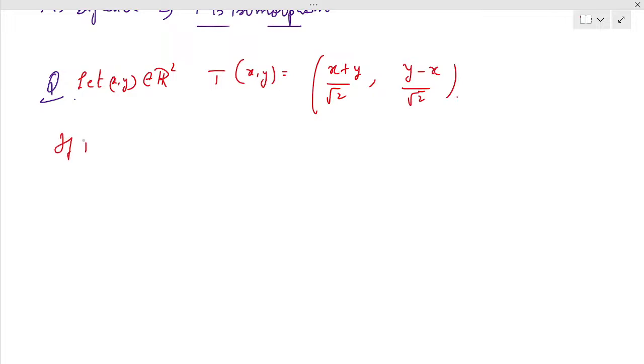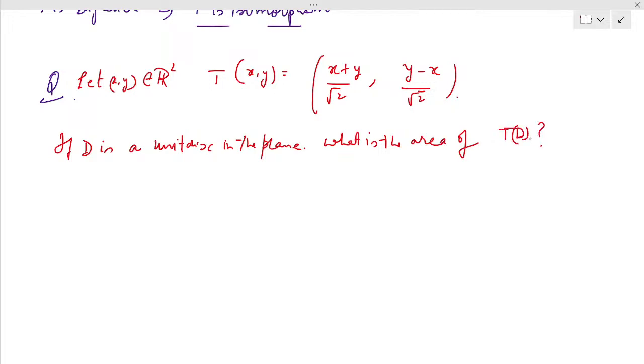Now if D is a unit disk in the plane, what is the area of the image of D under this transformation, that is, T(x, y) given by (x plus y) upon root 2 and (y minus x) upon root 2? If D is a unit disk in the plane, how would you think about the area of T(D)?